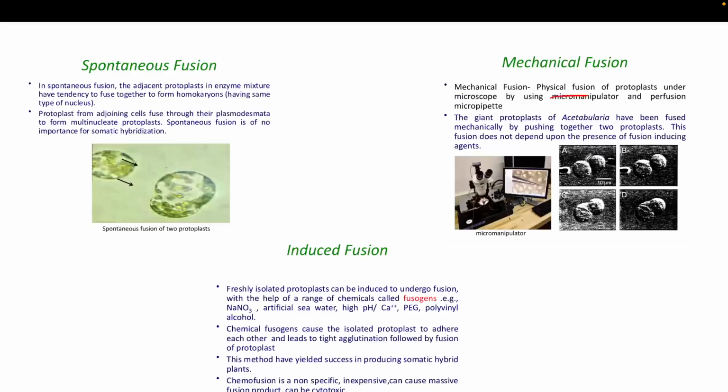After isolating the protoplasts, we just fuse these two cells by mechanical force. This fusion doesn't need any fusion-inducing agent, because here we are applying force with the needle to fuse them. But it is not advisable, because it can disturb your protoplast.